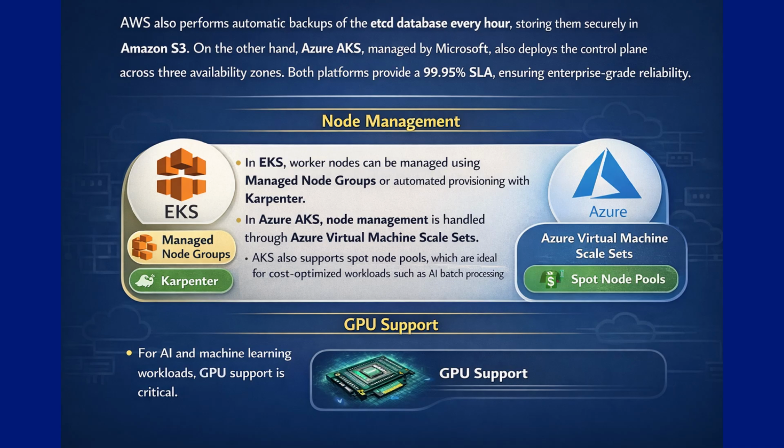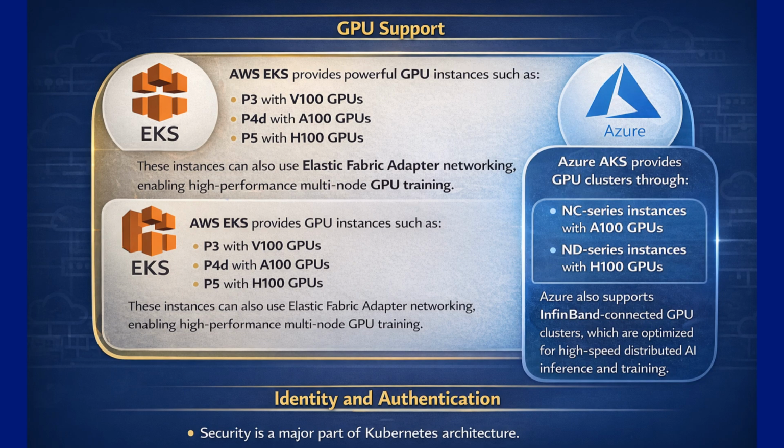GPU support. For AI and machine learning workloads, GPU support is critical. AWS EKS provides powerful GPU instances such as P3 with V100 GPUs, P4d with A100 GPUs, and P5 with H100 GPUs. These instances can also use Elastic Fabric Adapter networking, enabling high-performance multi-node GPU training.